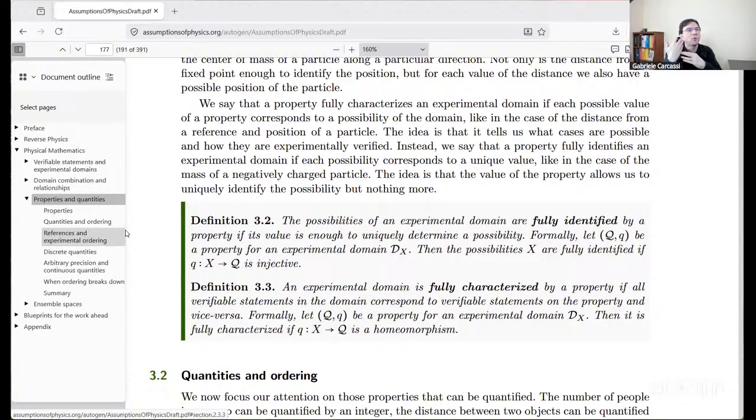Because the point is that the way that you measure the mass is not exactly the same way that you measure and identify particles. The open sets, and therefore the verifiable statements that you have on mass, are significantly different from the statements on the particle.